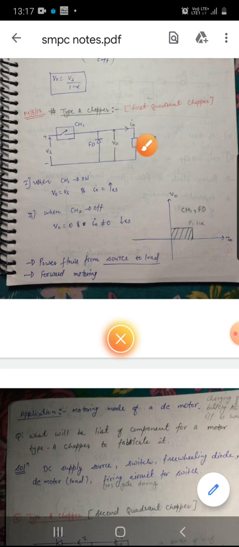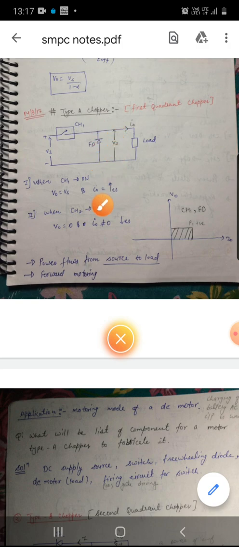Now the switch is off, the second condition, and this stored energy will be dissipated. The inductor will dissipate its stored energy through this freewheeling diode. Hence this freewheeling diode is short circuited.